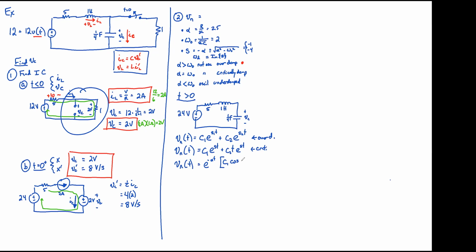C1 cosine of omega sub d t plus C2 sine of omega sub d t. There we go. And that's if it's underdamped.